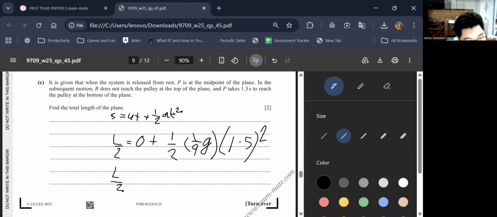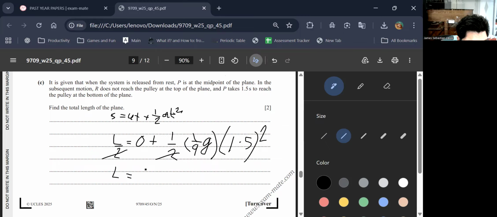So L over 2 is, well, if we evaluate the whole thing, we can cancel this out first.